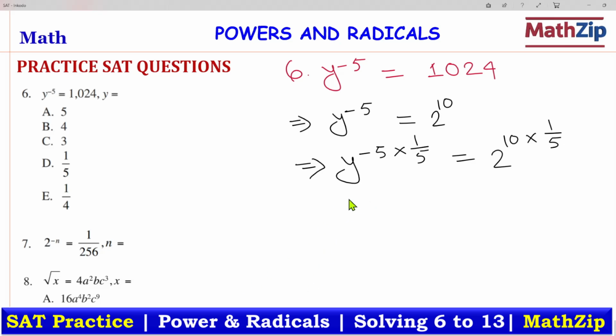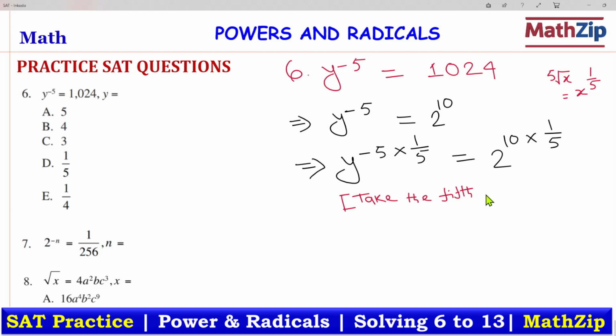A side note: take the fifth root. Fifth root of x means x to the power 1 by 5, right?